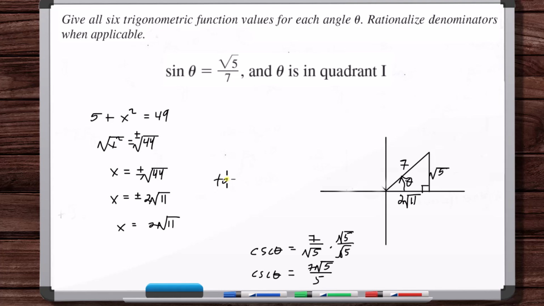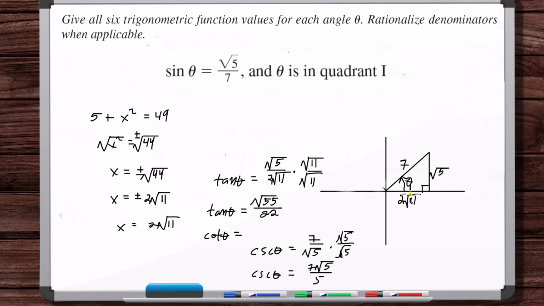All right, tangent is opposite over adjacent. So we've got root 55 over 22. Now for cotangent, we would just take the reciprocal, but let's come to the triangle.